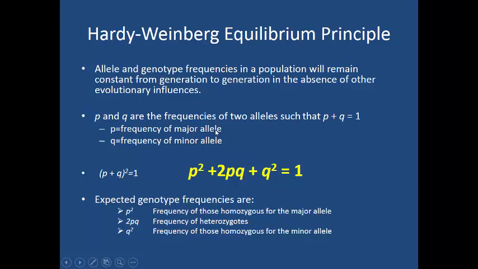P is the frequency of the major allele, Q is the frequency of the minor allele. So if I told you that the frequency of the major allele, P, was 60%, you can calculate the frequency of the minor allele.